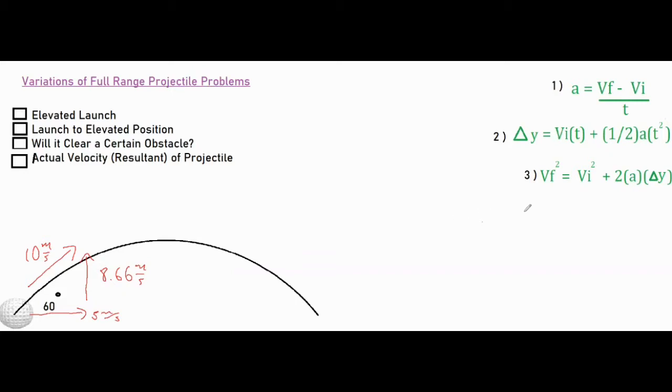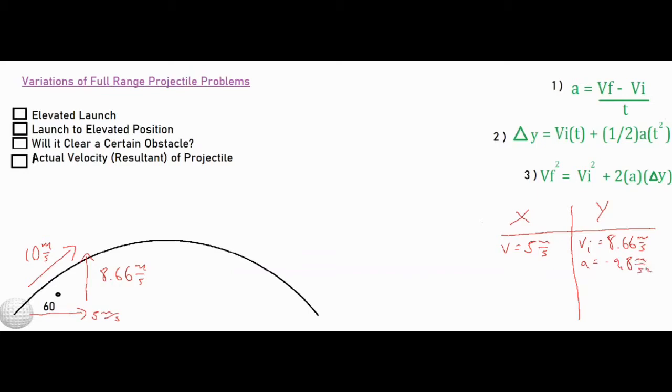what you want to start off with is an x and y column to make sure you have all of your known variables and unknown variables organized into 2 columns. So we want to make sure we place our velocity of 5 meters per second in our x column, and then in our y column we have an initial velocity of 8.66 meters per second and acceleration of negative 9.8 meters per second squared.